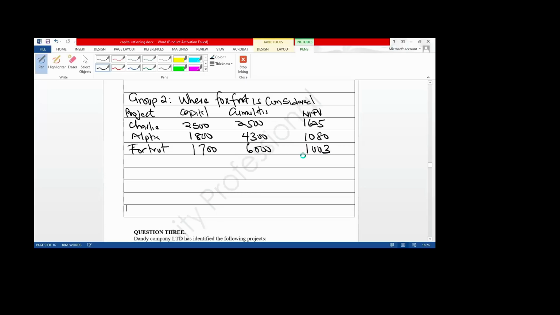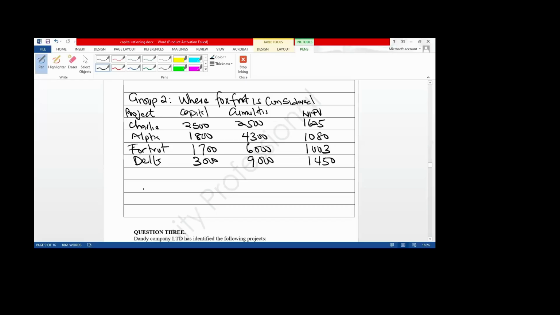Then project 4, Delta. Amount is 3,000. 9,000. NPV 1450. We can accept project E because it's mutually exclusive to project first trust.